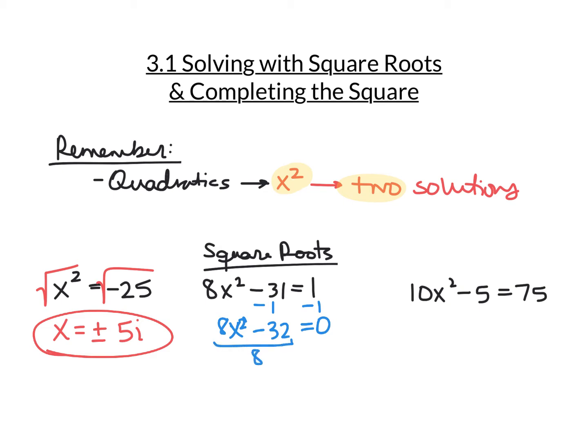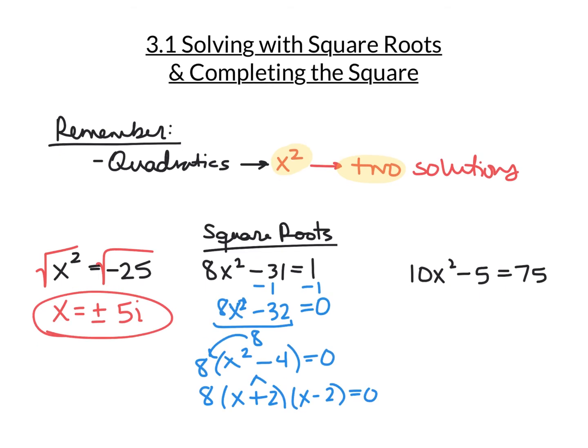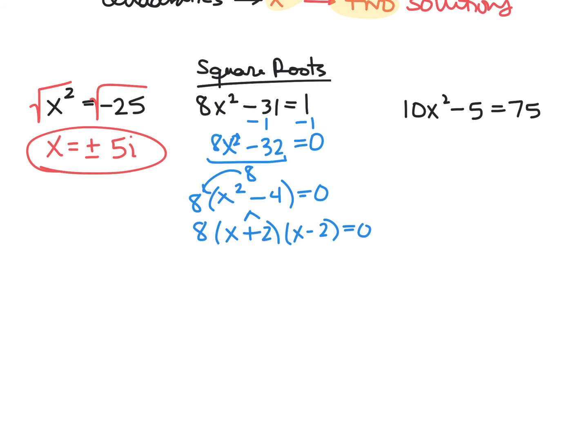I can divide by 8, and that will give me x squared minus 4. And hopefully you remember that breaks apart with difference of squares. So this is x plus 2, x minus 2 equals 0. So all of that is by factoring, and that gives me two solutions of x equals negative 2 and positive 2.